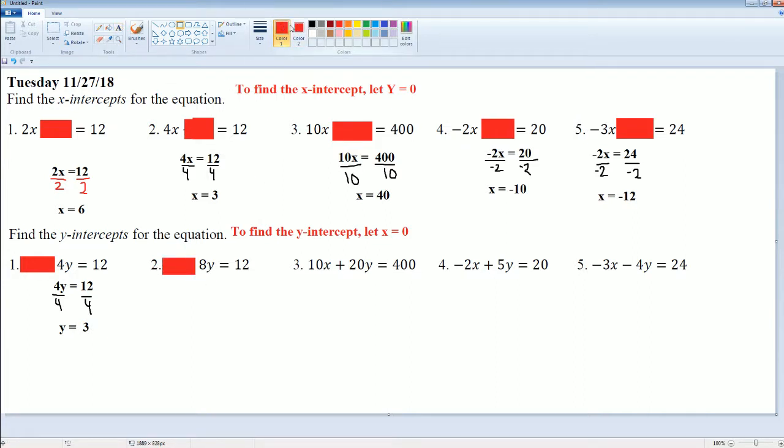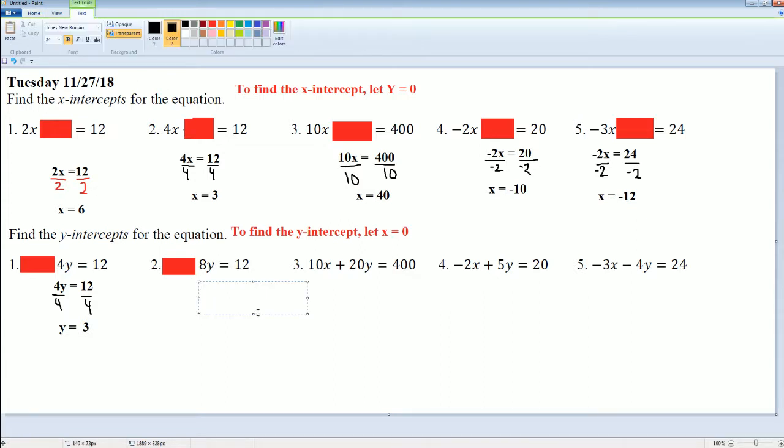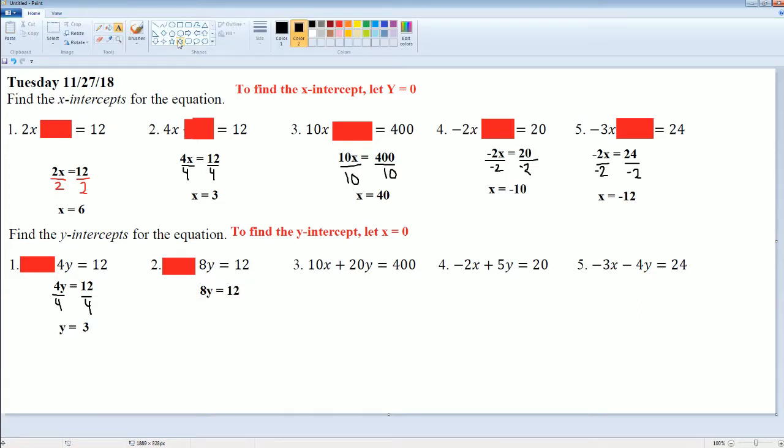8y is equal to 12. Divide both sides by 8.